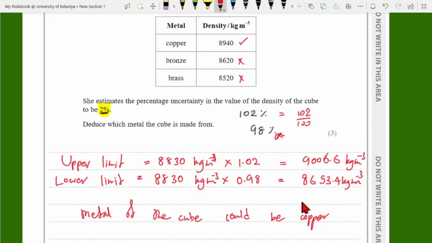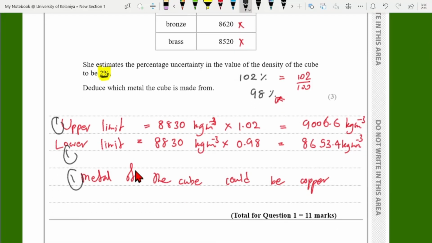Then marks are allocated for what? Calculating the upper limit, lower limit, and the metal for this conclusion. Or you can write it better: the metal is copper as its density is within the range.